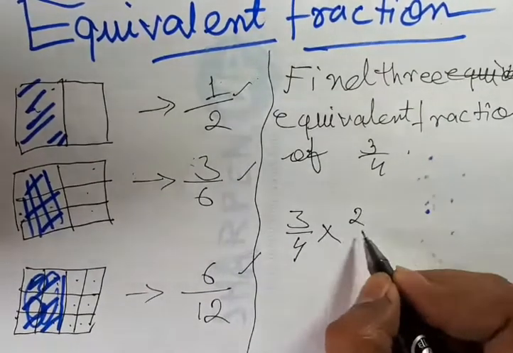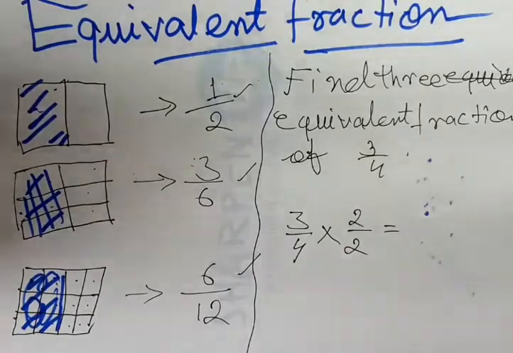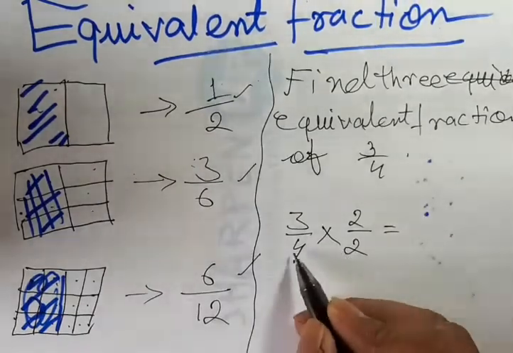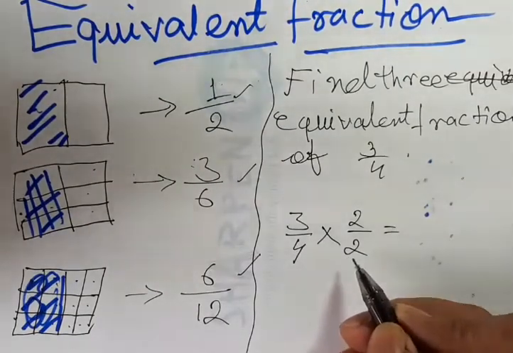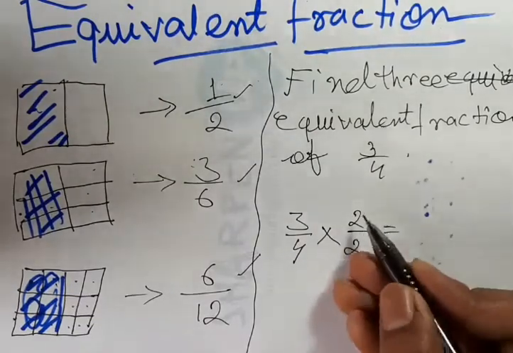Suppose I am multiplying the numerator and denominator with 2. Remember, whenever you have to multiply or divide a fraction, you have to perform the same operation with the same number in both the numerator and denominator. That means if I want to multiply 4 by 2, I have to multiply 3 by the same number.